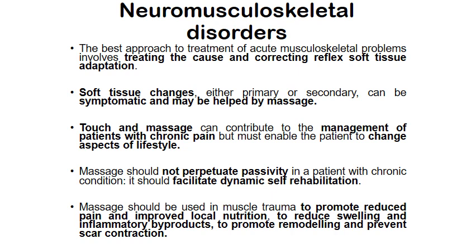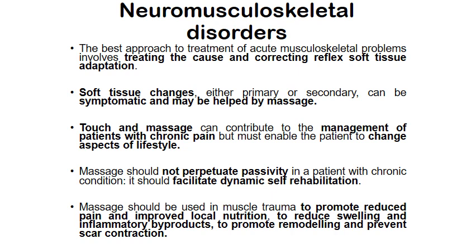The neuromusculoskeletal disorders. So now we move into different disorders, looking at different neuromusculoskeletal areas in the body. The best approach to treatment of such a condition is finding the cause and not just merely treating the symptoms.